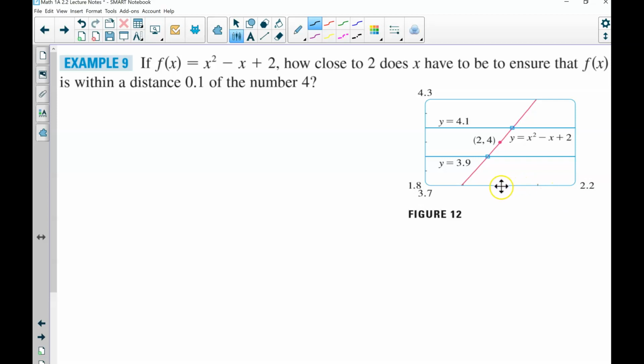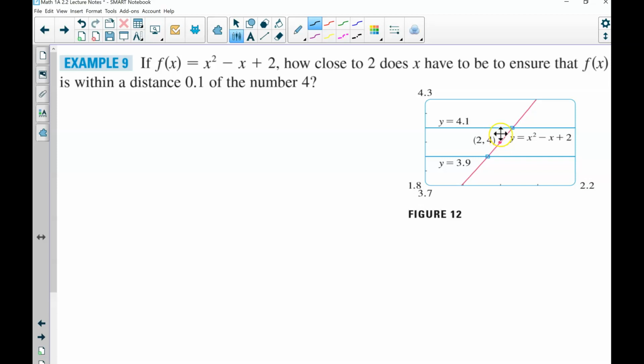So here is 2 on the x-axis, and here is the value of 4. So that is our ordered pair 2, 4. Okay, so we're looking at these values here. If the distance from f of x to 4 is less than 0.1, then f of x lies between 3.9 and 4.1.